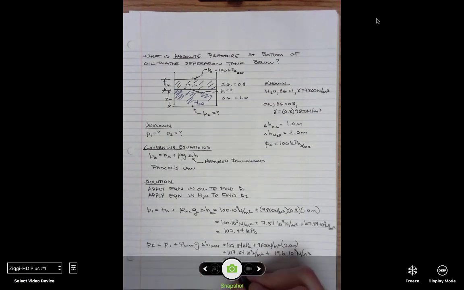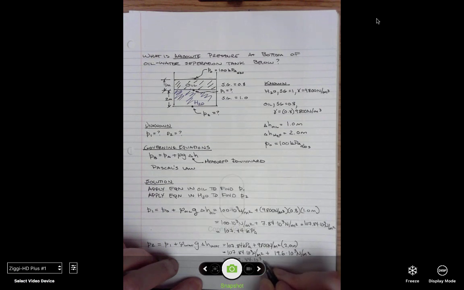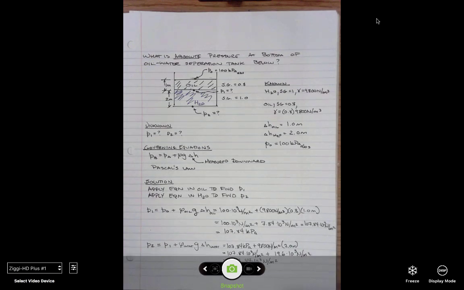That comes out to equal 127.44 times 10 to the 3 newtons per meter squared, which is 127.44 kilopascals. So that's the absolute pressure.